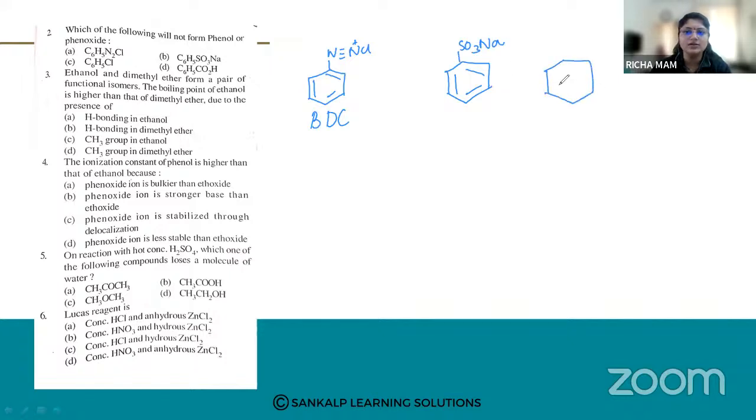So what are the structures? Okay, so this is a C6H5 and triple bond N, N2Cl, benzene diazonium chloride compound. Then you have SO3Na, sodium salt of sulfonic acid. Then another you have chlorobenzene.